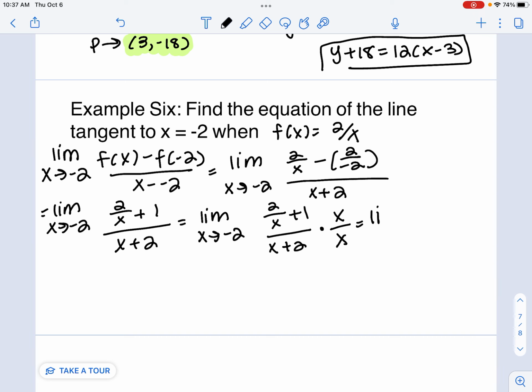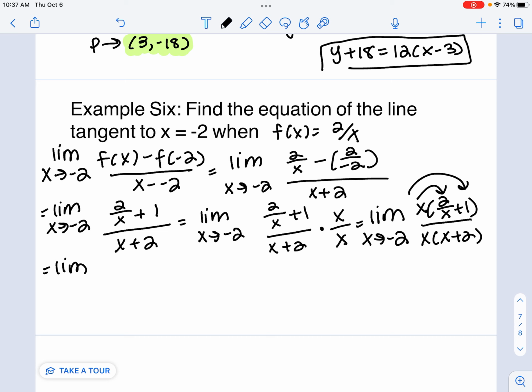And so when I do that, I'm going to write it like this, but then I'm going to distribute after. And so if I distribute that x into this, I would get 2x divided by x, which just equals 2. And then x times 1 is x. And then on the bottom, I would have x times x plus 2. So I just distributed, and that's what I got.